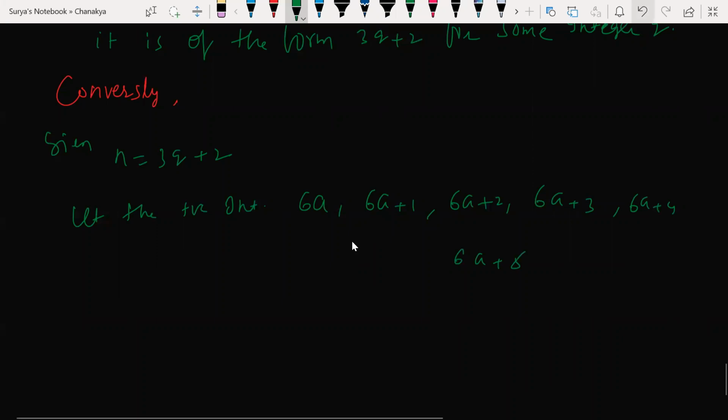Now suppose q is equal to 6a plus 1. Then what is the n value going to be?